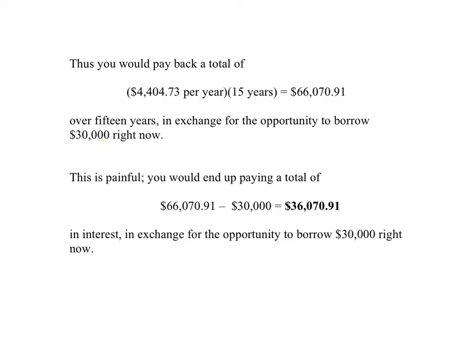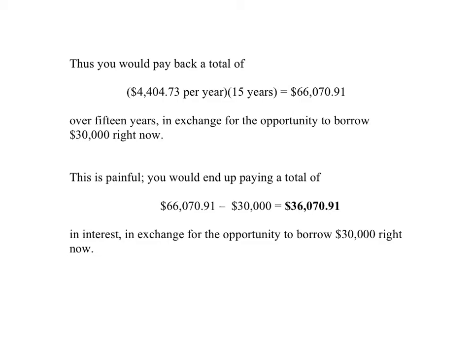Think about it. You're ending up paying a total of this much, $36,070.91 in interest. That's the total amount that you pay back minus the amount that you got handed to you at the beginning. That difference is the interest. That's what you're paying in exchange for this opportunity to borrow the $30,000 right now.